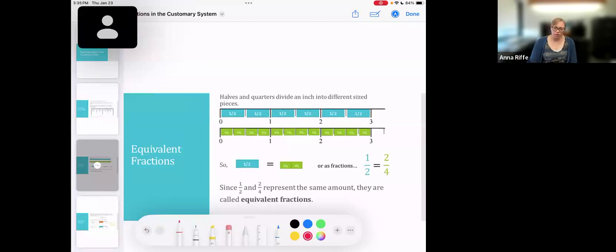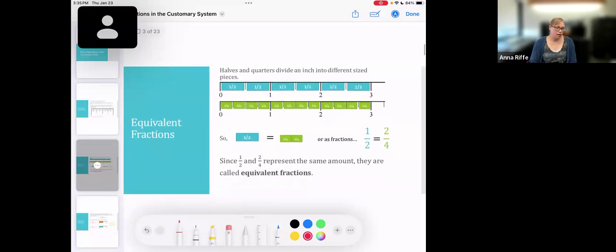Some of this I just mentioned, but let's say that I have 1 inch. So this is a representation of 1 inch. And we break it into pieces. If we break it into 2 pieces, then we call each piece 1/2.